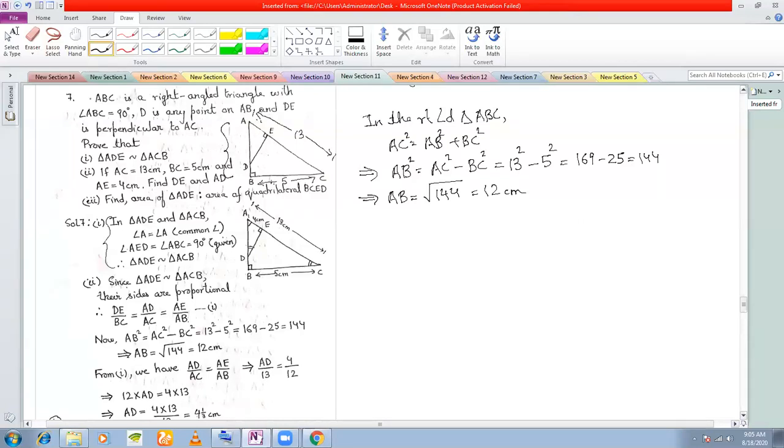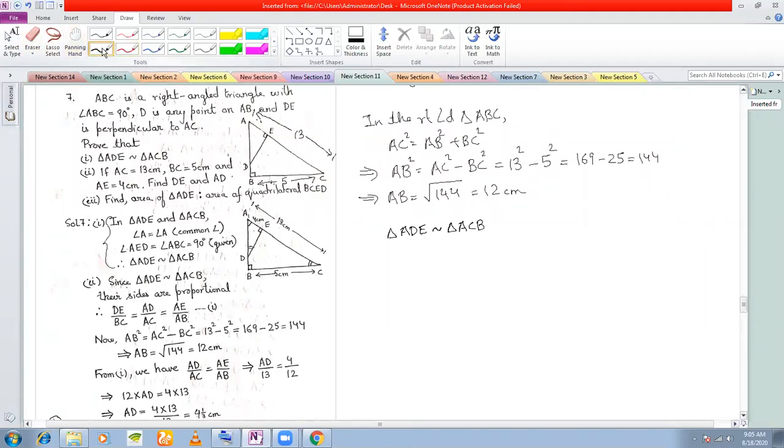Okay. Now we'll write the proportional sides. Since I have proved the similarity of the two triangles, I'll write the proportional sides. Triangle ADE similar to triangle ACB.